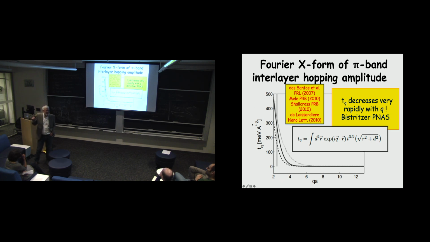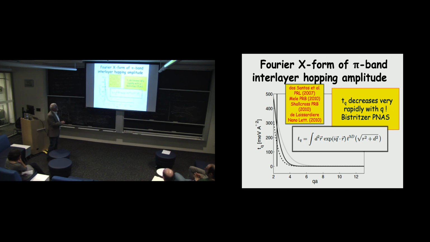And the second point is that the low energy electrons in graphene sheet, and in these semiconductors too, all sit at a certain point in momentum space. And you may remember from electronic structure theory that in a crystal, the parameters that appear in the Hamiltonian are just the Fourier transform of how the hopping function depends on position.